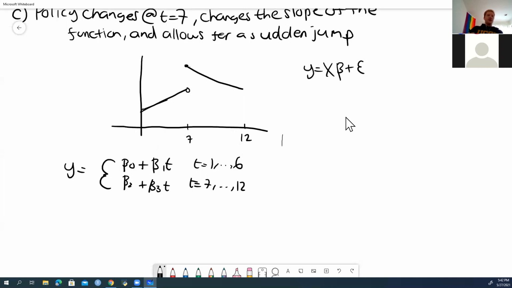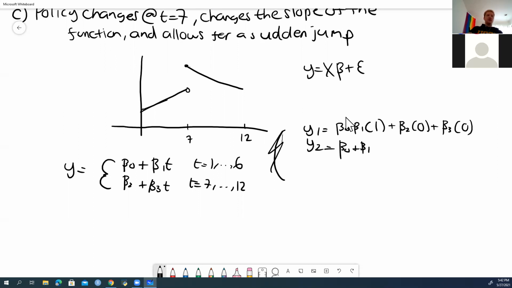So if I were to make the X matrix, let's look at Y1. Y1 would just be beta naught plus beta 1 times t, which is 1, plus, and I can write this as beta 2 times 0 plus beta 3 times 0. Same with Y2, it would be beta naught plus beta 1 times, again, t, which is 2. And then these both technically have zeros next to them. So on until Y7, and suddenly you'll get beta naught times 0.